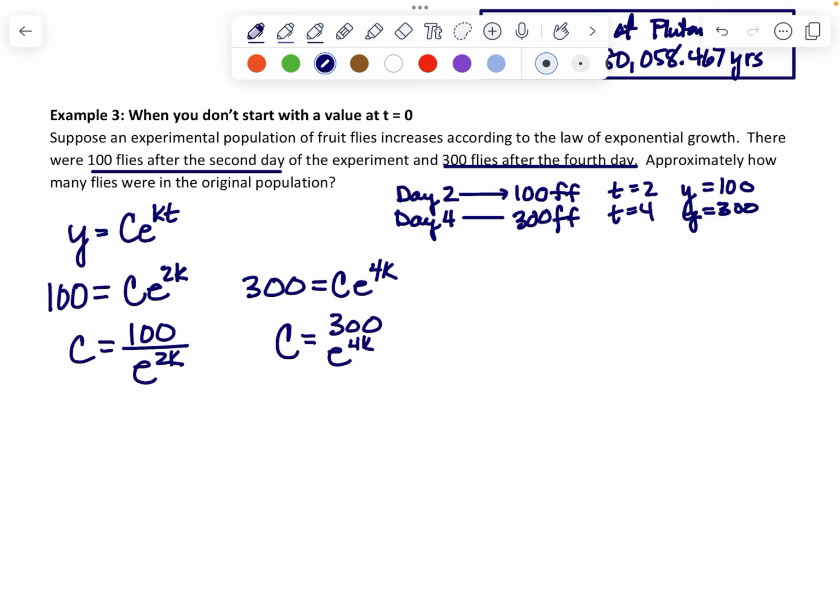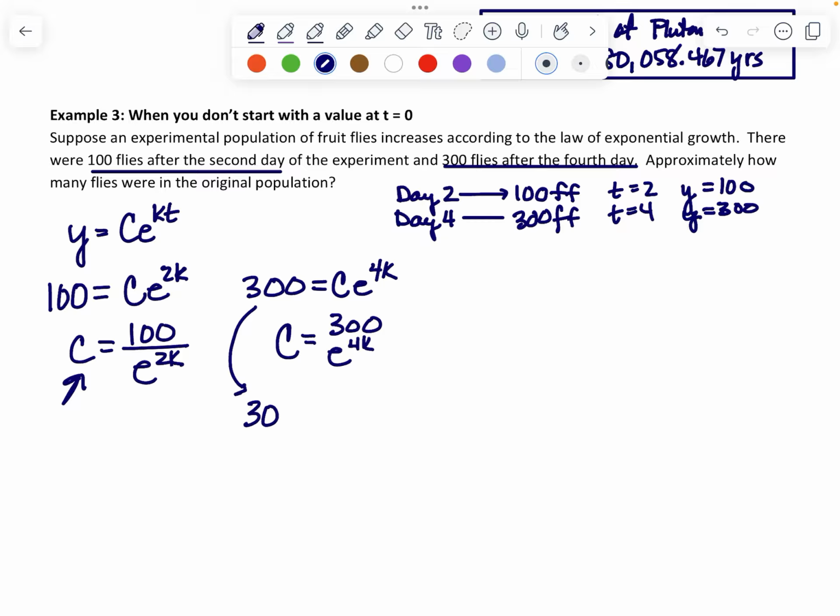It makes no difference. So let me think for a moment what I want to do. I'm going to take this C, this one right here, and I'm going to substitute it in the other equation. I could set them equal to each other, but I'm just not.